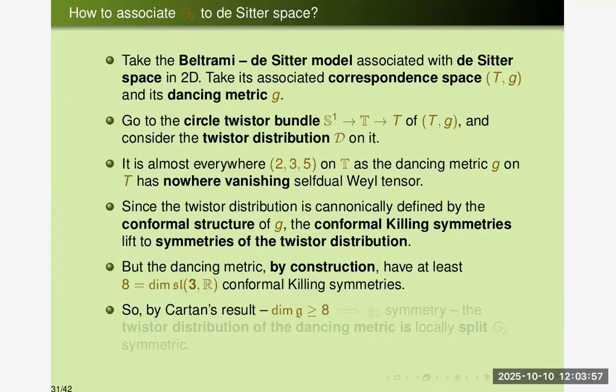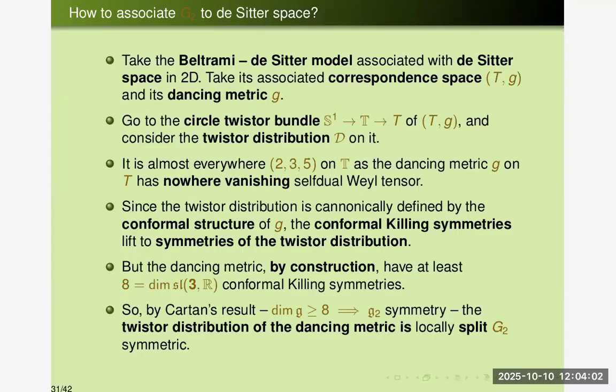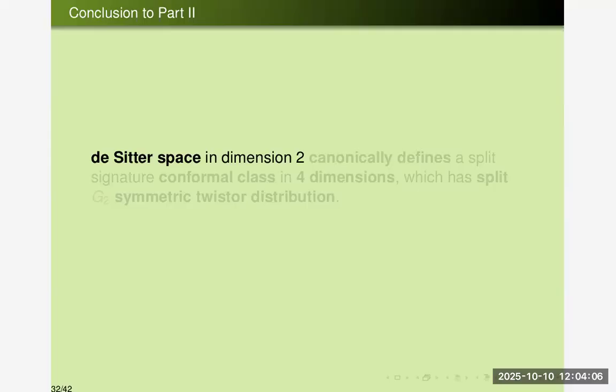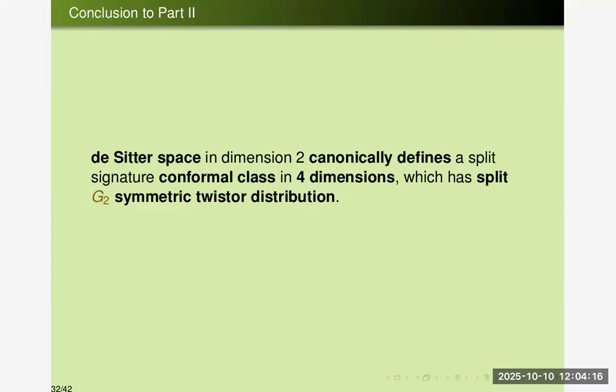But if 8, it means that the distribution has G2 symmetry. Okay, so interesting. So the conclusion of part 2: de Sitter space in dimension 2 canonically defines a split signature conformal class in 4 dimensions, which has a split G2 symmetric twistor distribution. Well, okay. So that's part 2.